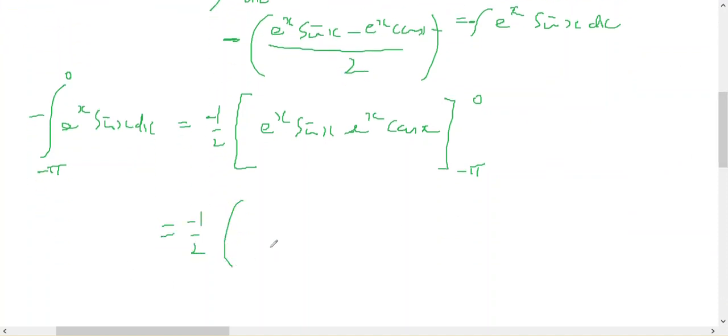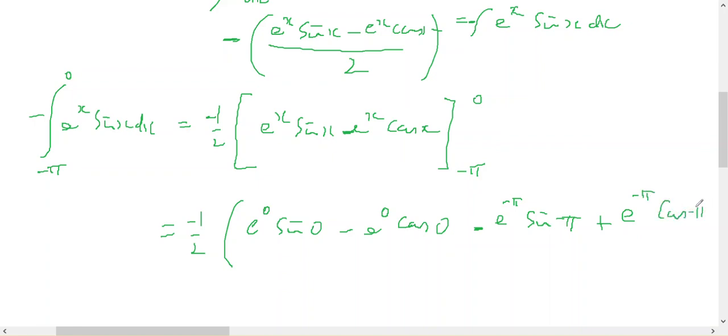Negative a half, e to the 0 sine of 0 minus e to the 0 cos of 0. Then minusing, putting in the bottom terminal, e to the minus pi sine of minus pi, and then minus minus becomes plus e to the minus pi cos of minus pi.